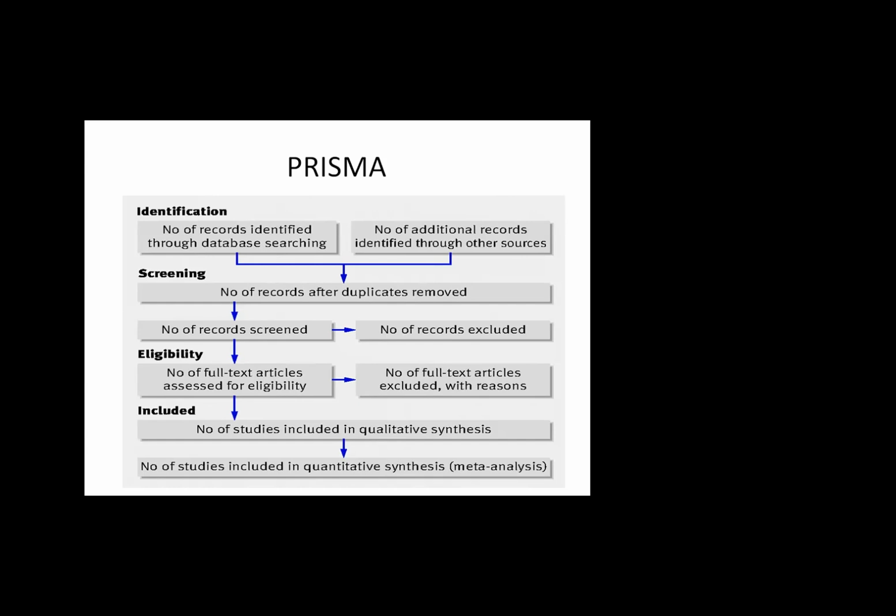Right. In qualitative synthesis, we come up with the important findings. And these things are important. For example, we have to come up with what are the factors that are causing hesitancy.